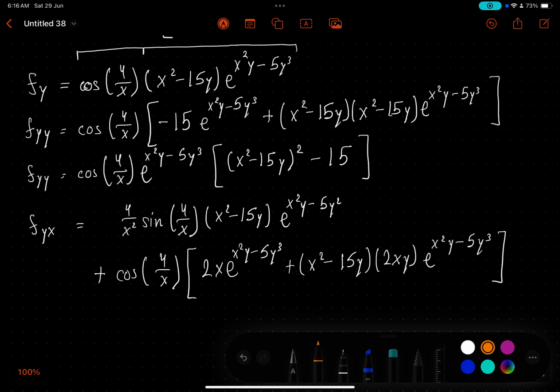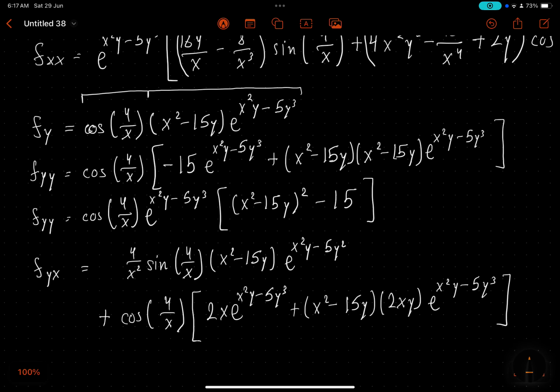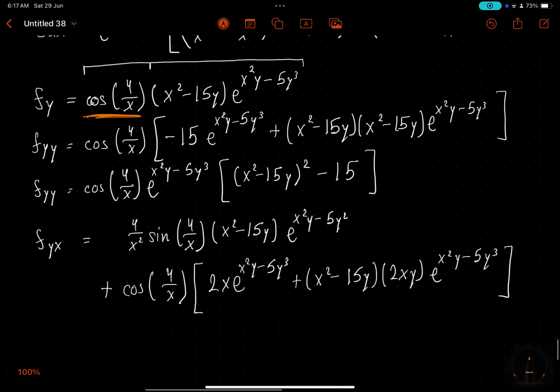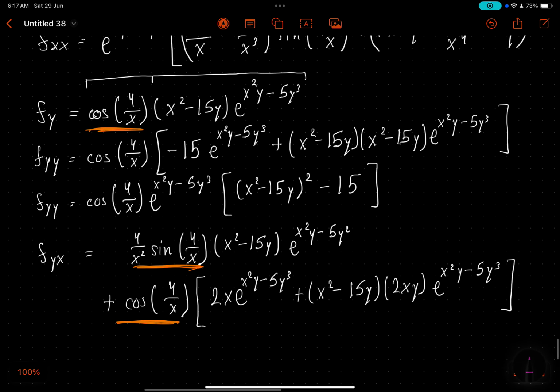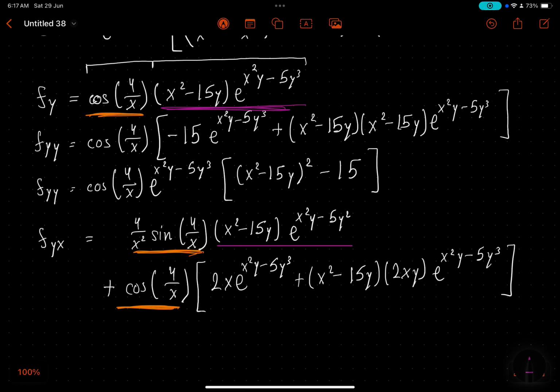So let me show you. Now this is in the orange, this is the derivative, and this is the first part. Now this is a product rule basically. And this is our second part. So I just basically copied the second part from our function f_y and plugged it here, and then I have differentiated the first part.